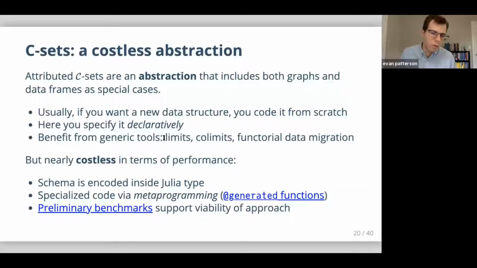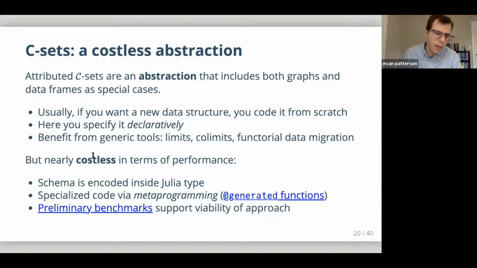And moreover, because it belongs to the categorical world of functor categories, you get all sorts of generic tools available for you immediately, such as limits and colimits, and we're in the process of implementing aspects of functorial data migration.